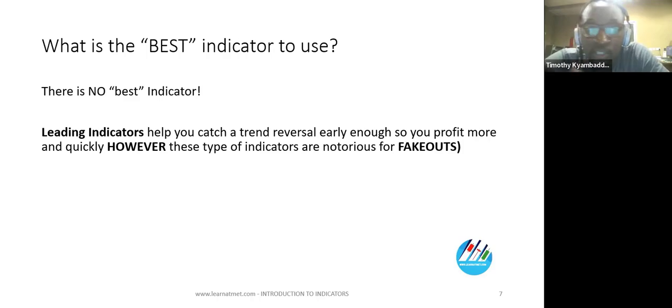So there's no leading indicator that's going to be 100% accurate. It will always, once in a while, give you fake outs. Leading indicators are very notorious for this. However, because the leading indicators are using price action, they usually have very tight stops. So if you use good risk management, it's easy to manage your loss with the leading indicators.